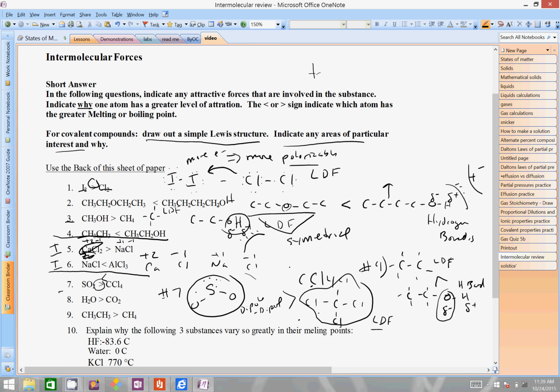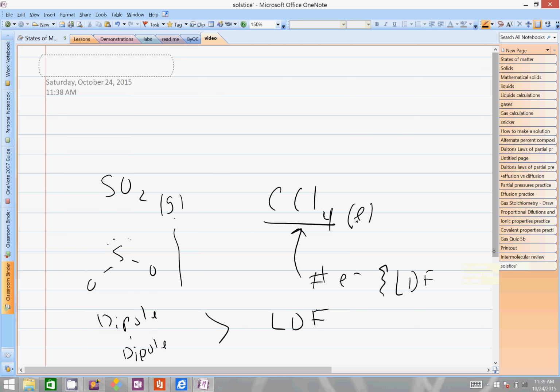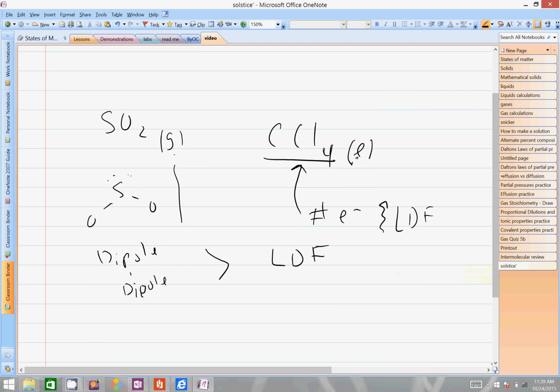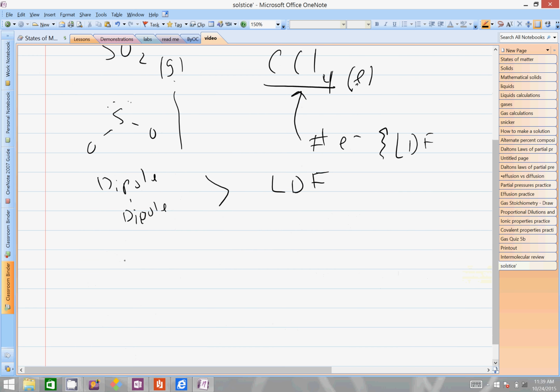Water versus carbon dioxide. Okay, so we got, in this case, H2O versus CO2. Alright, water looks like this. These are all molecules. They're all covalent. We have ourselves a stealer right here, creating a partial negative and a partial positive. This guy can exhibit hydrogen bonding.